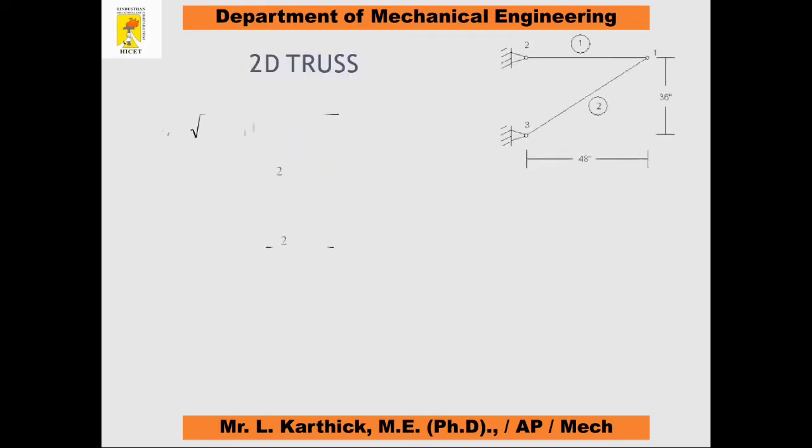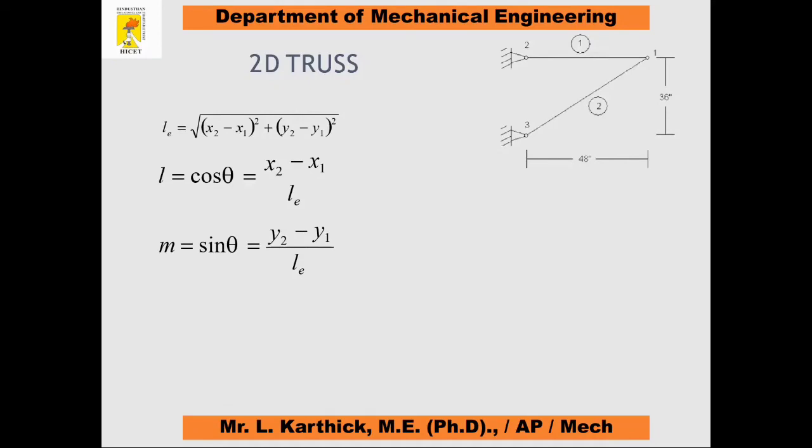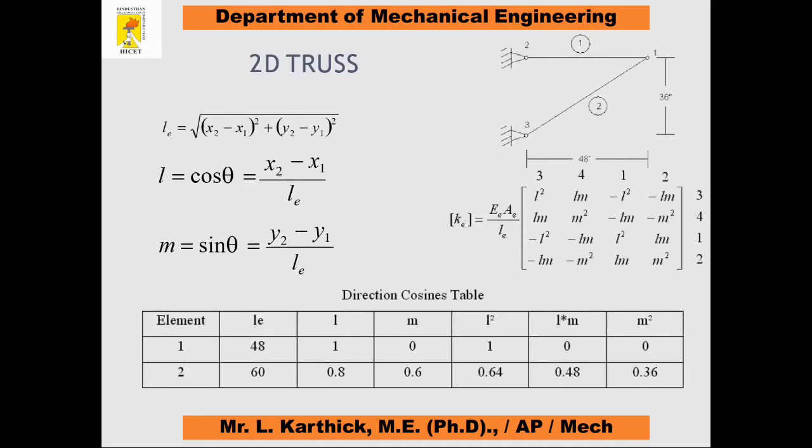And the next one is the expression to calculate or find the direction cosine. Okay. So L equal to cos theta and M equal to sin theta. Since in this picture, or in this structure, the theta value is not given, we may not take the theta value. Instead of theta, we simply apply this equation.